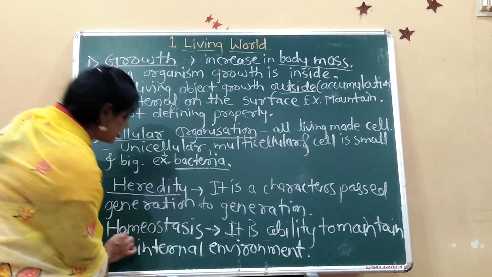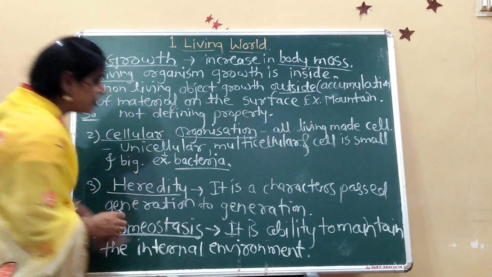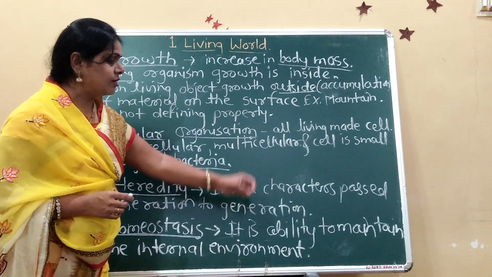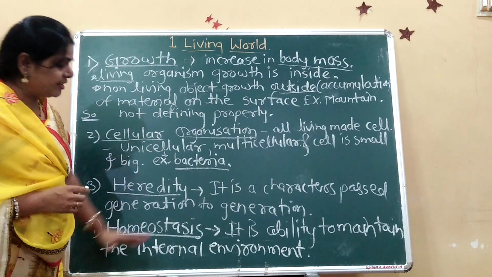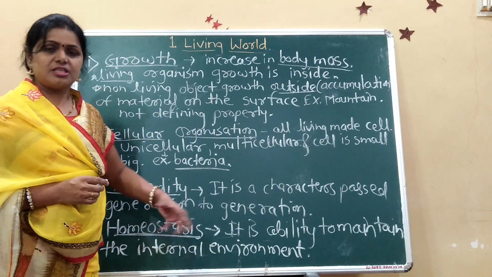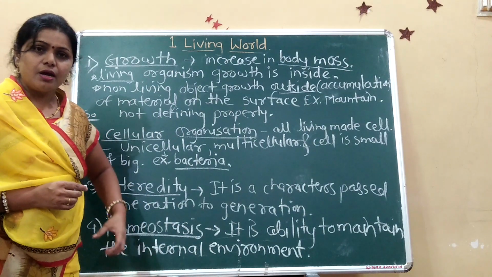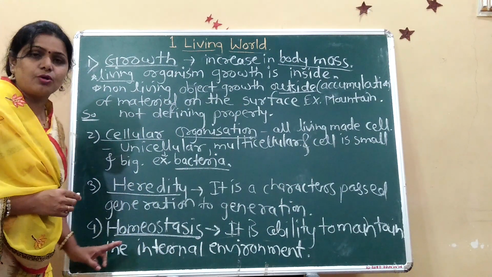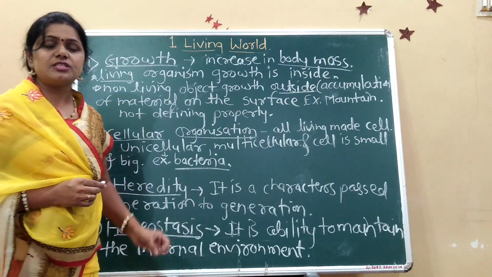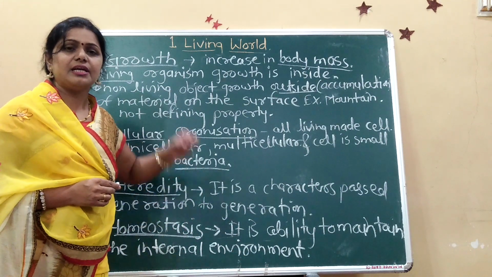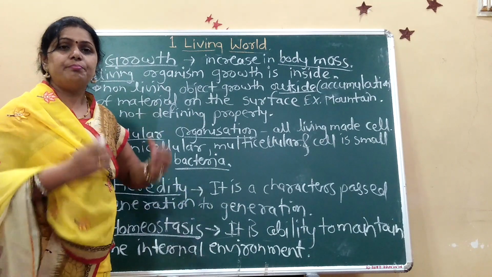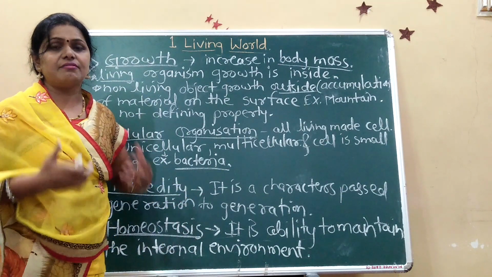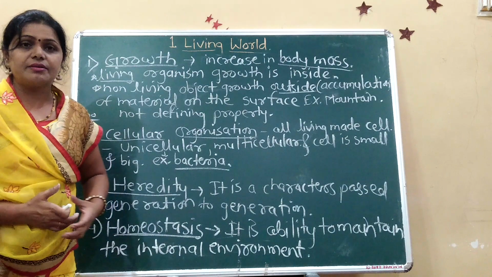Then homeostasis. Homeostasis is the ability to maintain the internal environment. It is one more characteristic of living things. It is the ability of all living organisms to maintain their internal and external environment.